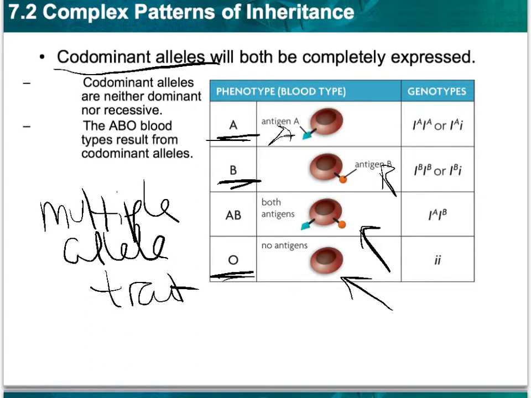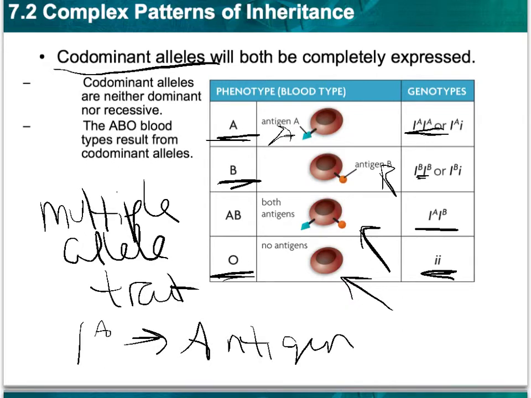So the multiple alleles shown in the picture are called IA, IB, or lowercase i. Some people with type IA will have the A antigen, whereas if you just had the lowercase i, you would have type O with no antigens.